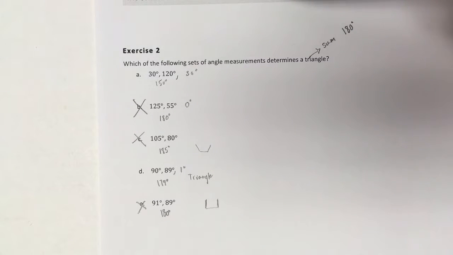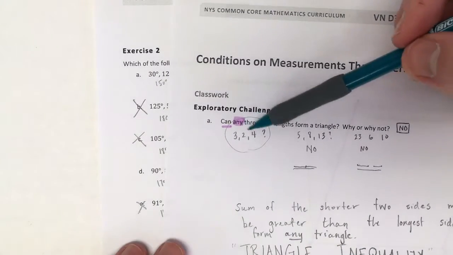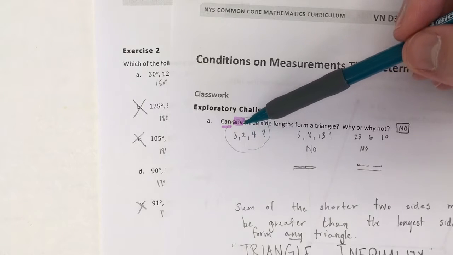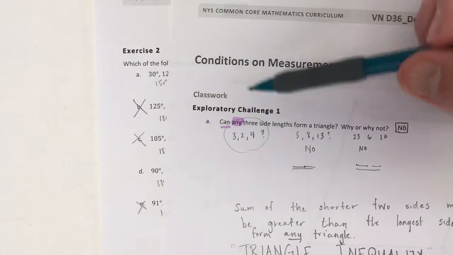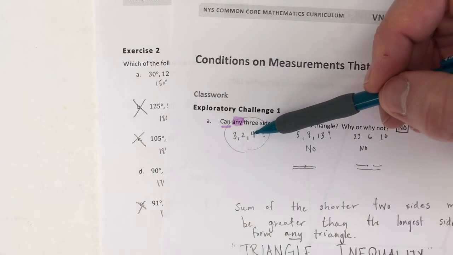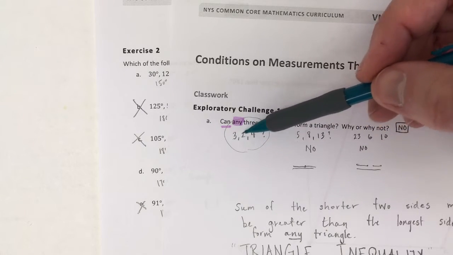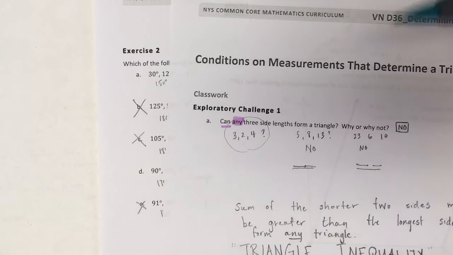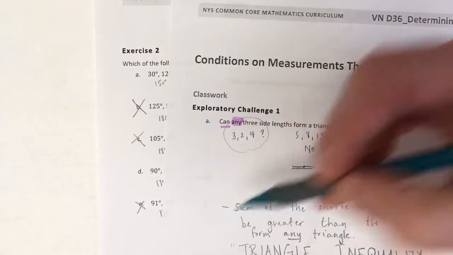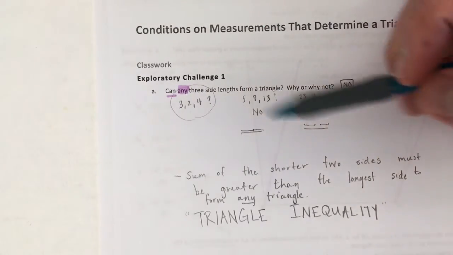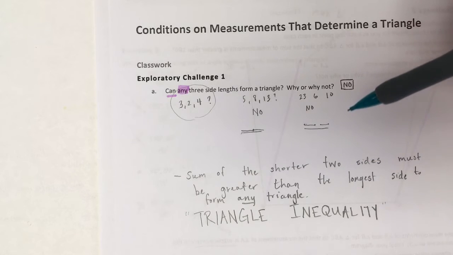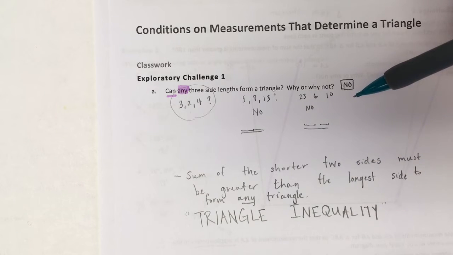And then you have the triangle inequality, where we know that the sum of any two sides must be greater than the third in all cases. So if you look, 2 and 4 add up greater than 3, 3 and 2 add up greater than 4, and 3 and 4 add up greater than 2. Specifically, you're going to see it stated like this: the sum of the shorter two sides must always be greater than the longest side to form any triangle.